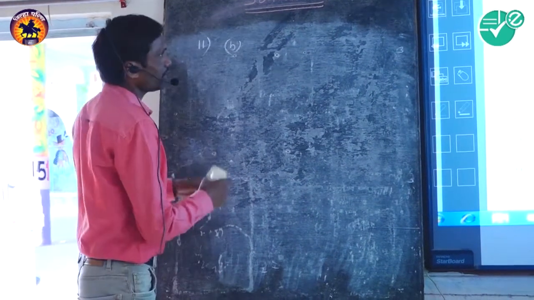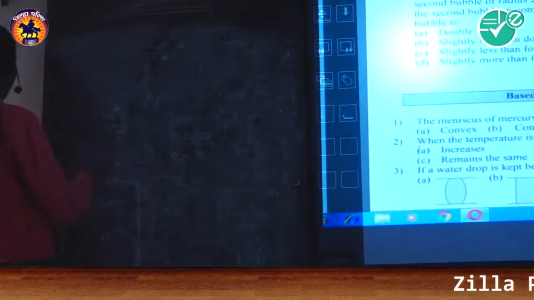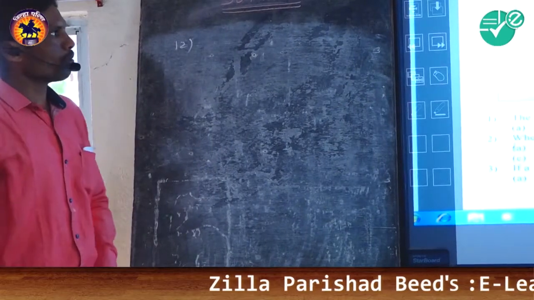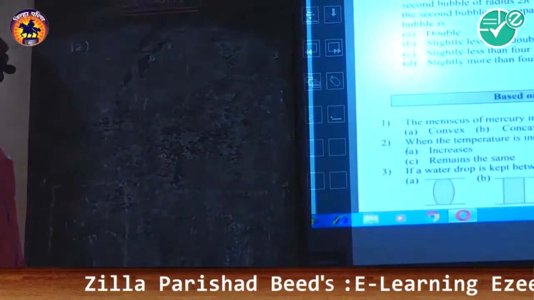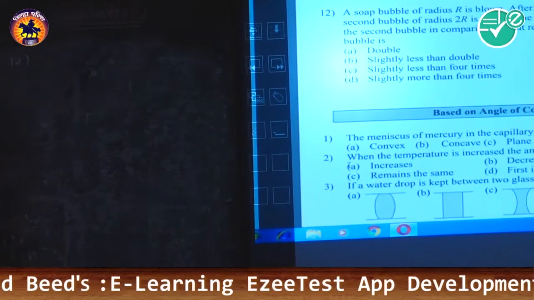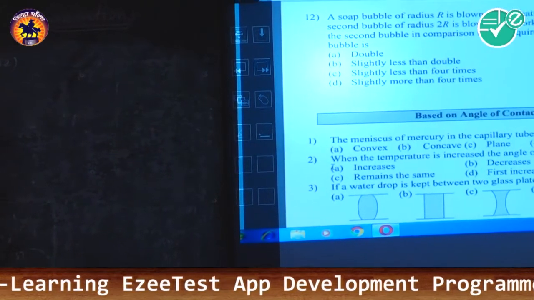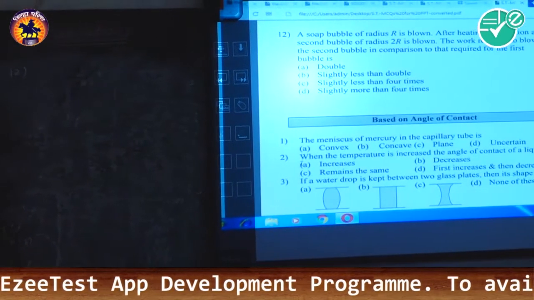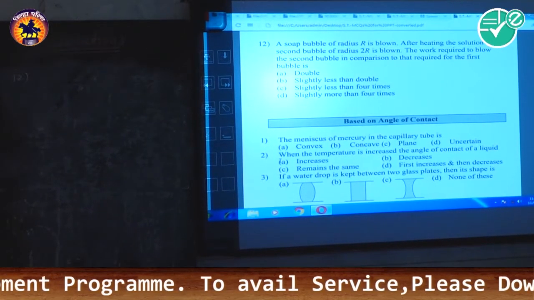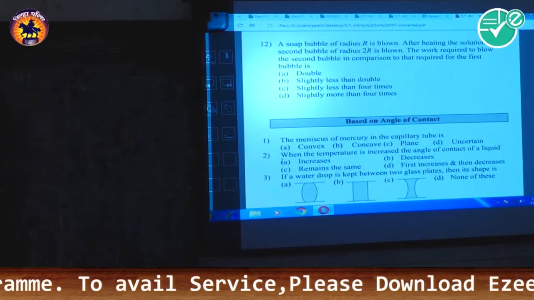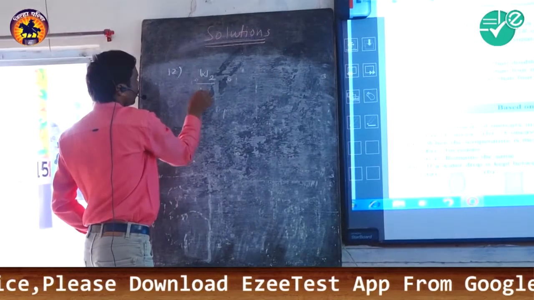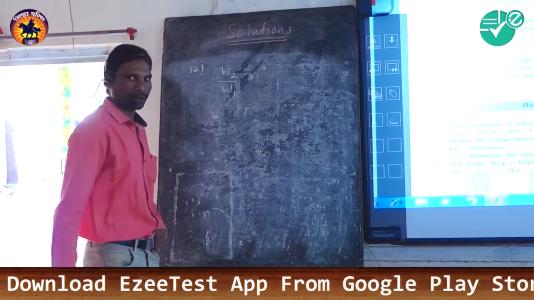Then we shall take the 12th MCQ. A soap bubble of radius r is blown. After heating the solution, a second bubble of radius twice r is blown. The work required to blow the second bubble in comparison to that required for the first bubble. Consider work done for the second bubble is W2 and for the first bubble is W1.